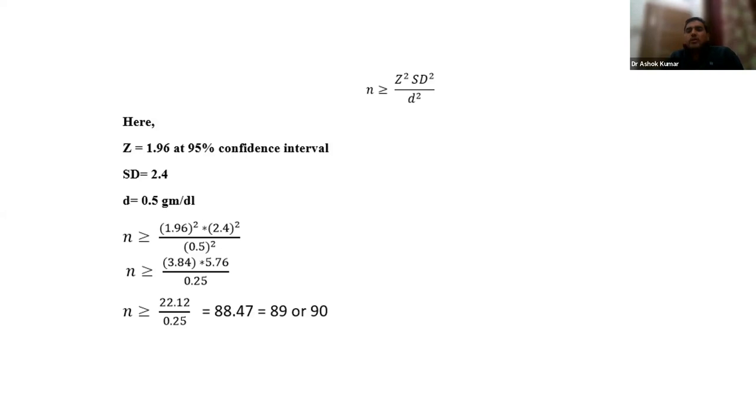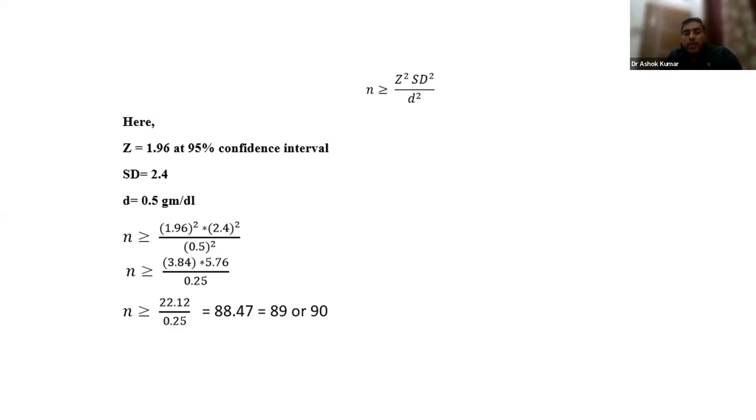Z square SD square divided by D square. So what is Z? It is 1.96 at 95% confidence interval. What is SD? SD is 2.4. Standard deviation is always unit free. We know that standard deviation is always unit free. So it is 2.4. And D is the margin of error. It is 0.5 gram per DL.